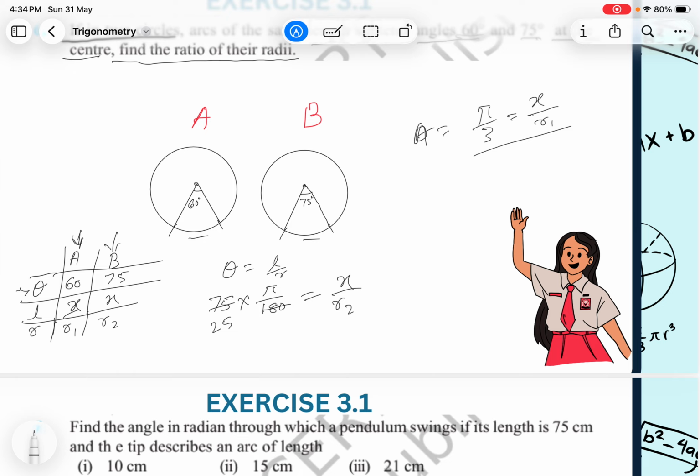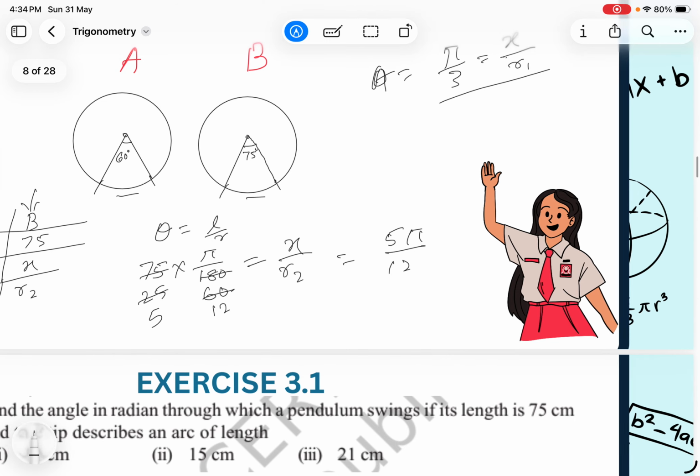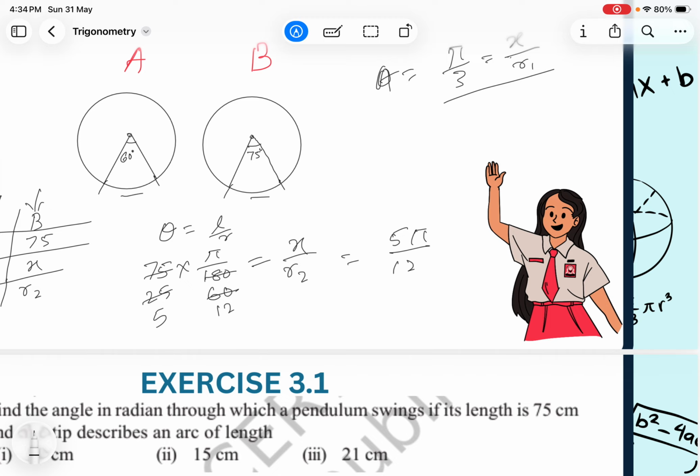And 3 and 6 and 0, right? Now we will do with the 5, 5 12. Okay, so now we will get 5 pi by 12. So now we have to find out what is the ratio of theta 1 by theta 2.